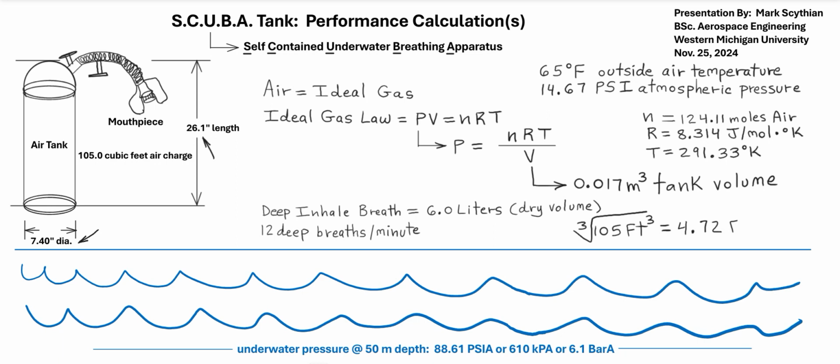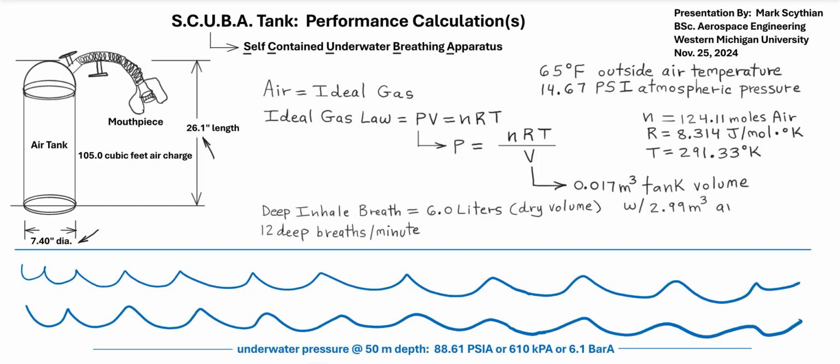And then we simply convert the volume of compressed air just as a side reference value if we need to use that later. So essentially we're compressing nearly 3 cubic meters of air into a 0.017 cubic meter tank.